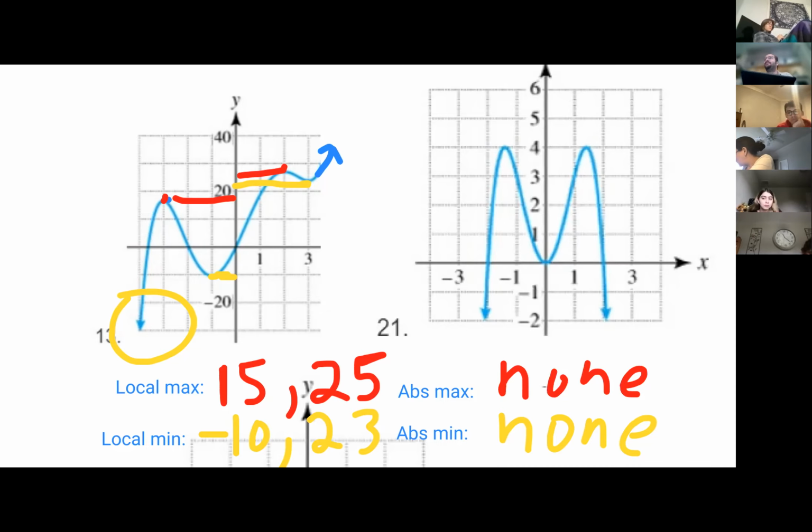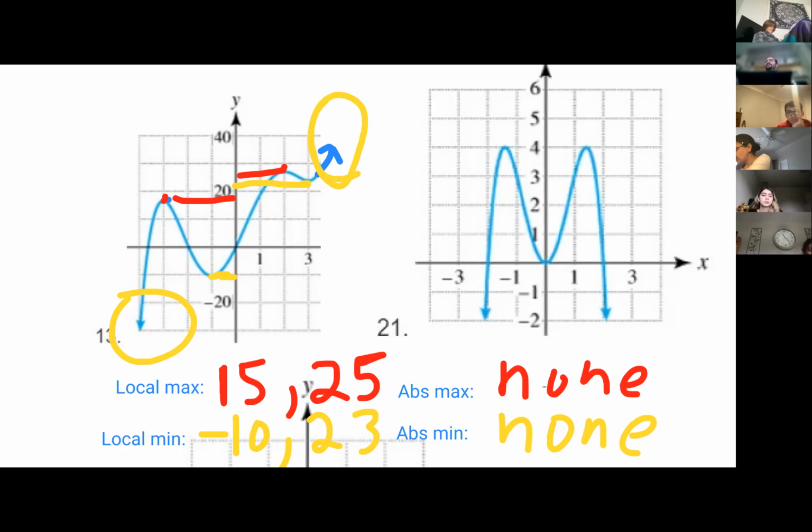And then as far as absolute, there's no absolute because we have arrows that keep going, right? When we have the arrows, there's no absolute. But when we have a point where it's stopped, right? If it ends at a point or if it doesn't keep going up, we will have an absolute. Here we don't have any because there's an arrow going up.